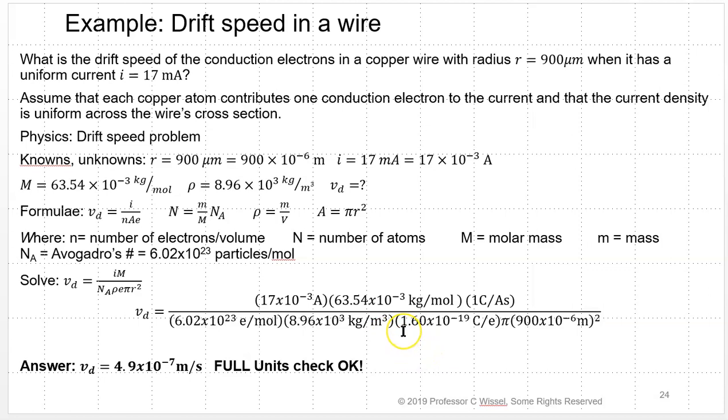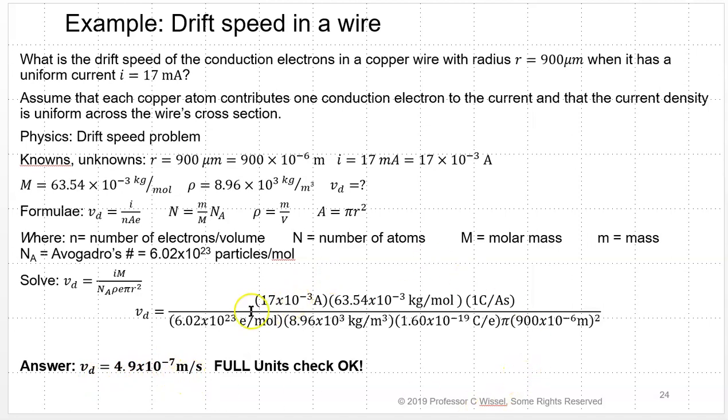And then we have the charge on the electron down in the denominator here. It's 1.60 times 10 to the minus 19 coulombs per electron, times pi, still down in the denominator, also divided by 900 times 10 to the minus 6 meters squared. That is the radius squared. v_d is 4.9 times 10 to the minus 7th meters per second.